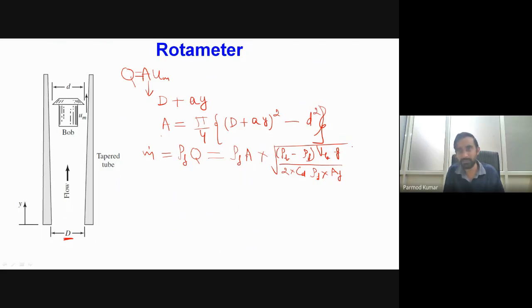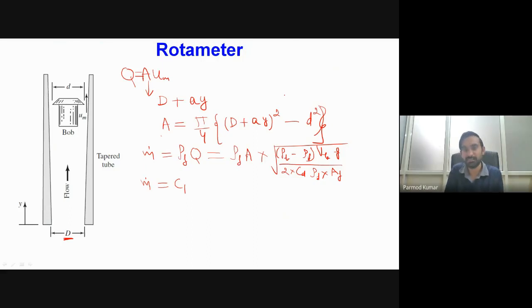The volume of the float, frontal area of the float, density of the fluid, and the coefficient of discharge Cd are all constants. So we will find that the mass flow rate equals C1 times the area, which varies with the square of y, but for practical applications, when we manufacture our devices, we always try to take a linear relationship between the vertical location and the area.